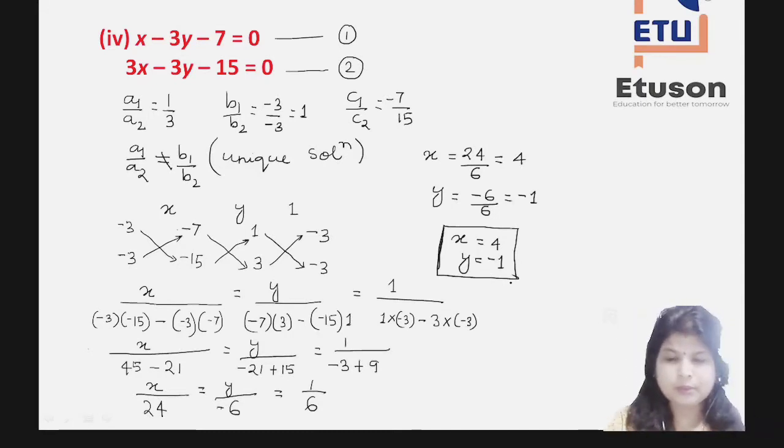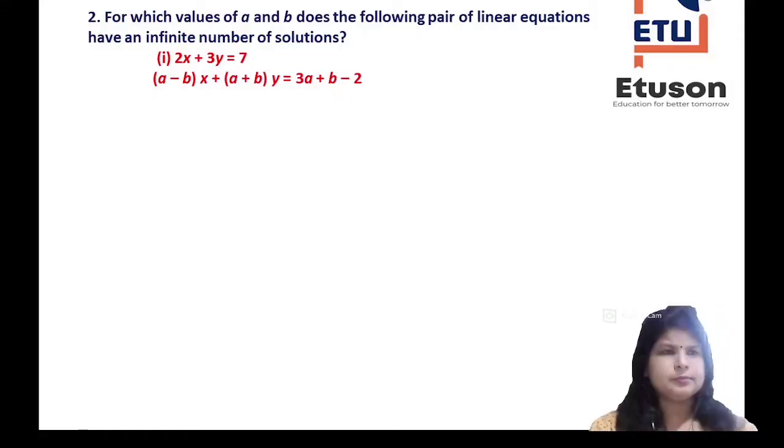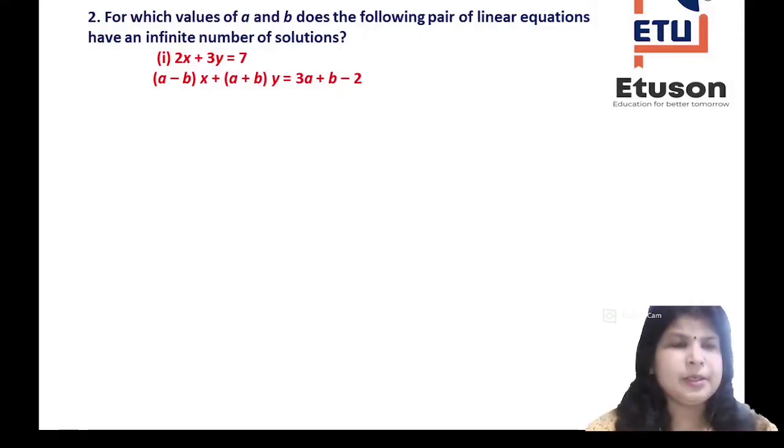That is question number 2. For which values of a and b does the following pair of linear equations have an infinite number of solutions? That is 2x plus 3y is equal to 7, and (a minus b) into x plus (a plus b) into y is equal to 3a plus b minus 2.